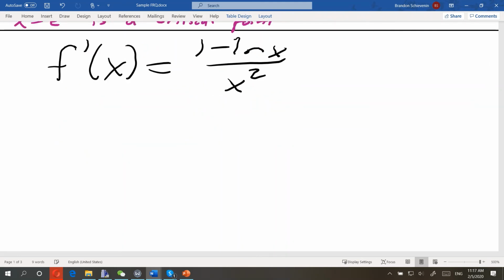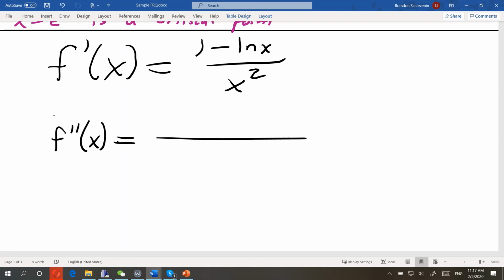What happens if I derive this? Rewrite that. 1 minus ln x. What happens if I derive this? One over x.